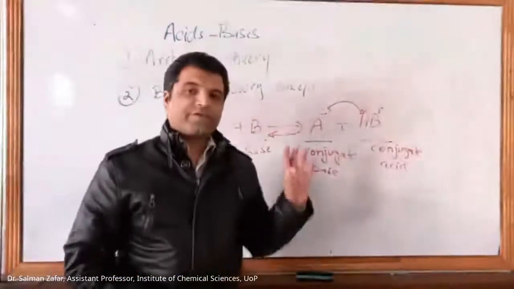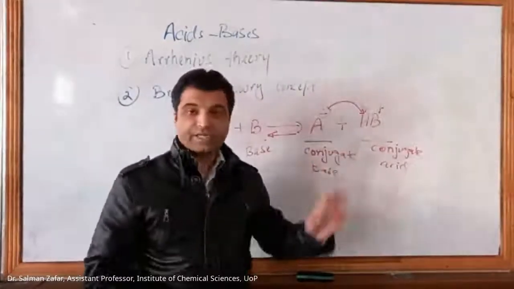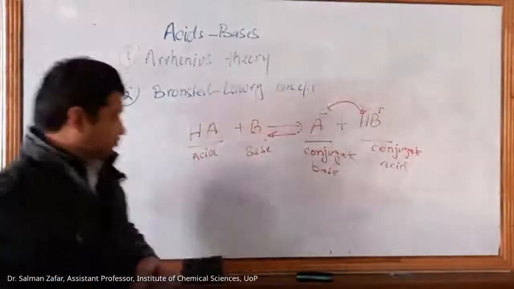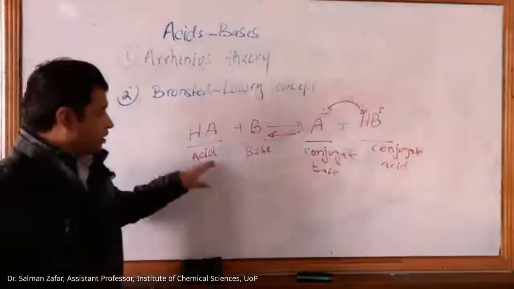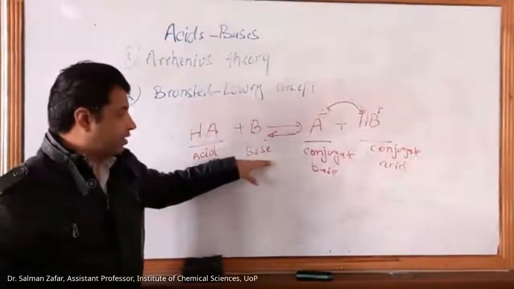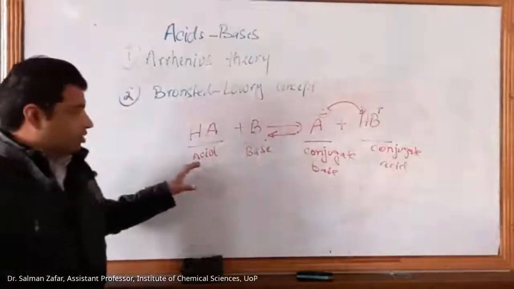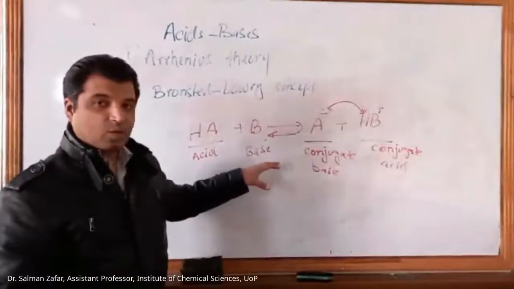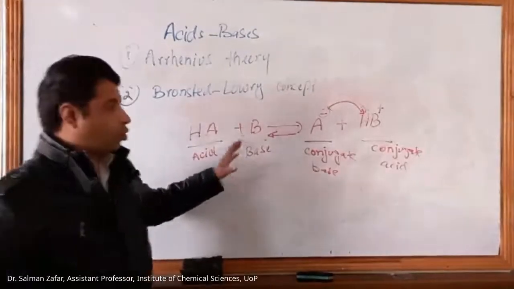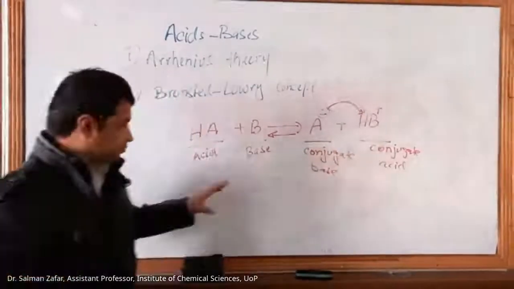Now, what are the relative strengths of these acids and bases or conjugate acids and bases? For example, we have a strong acid here and we have a strong base here. So any strong acid reacting with a strong base would give rise to these conjugate acids and bases.